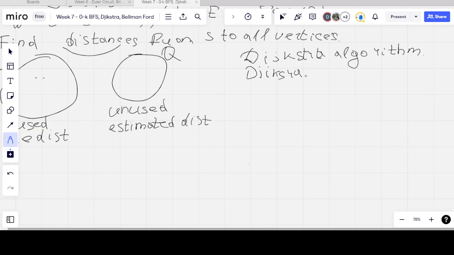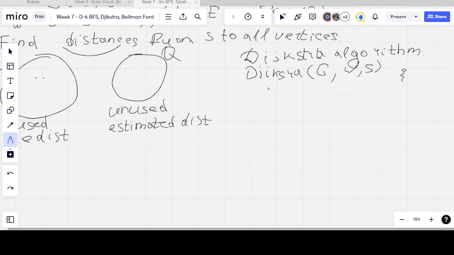On the input we have G, function w, and s. Before we start, we need to initialize everything.